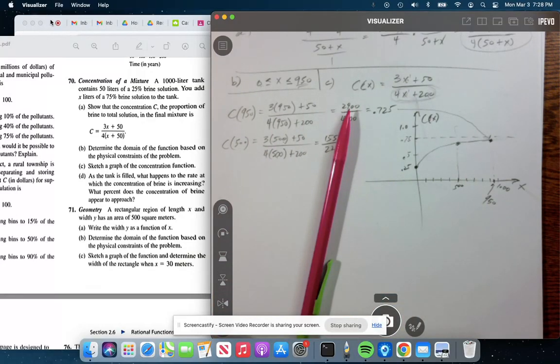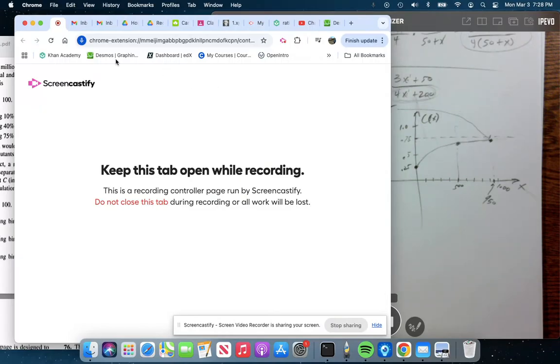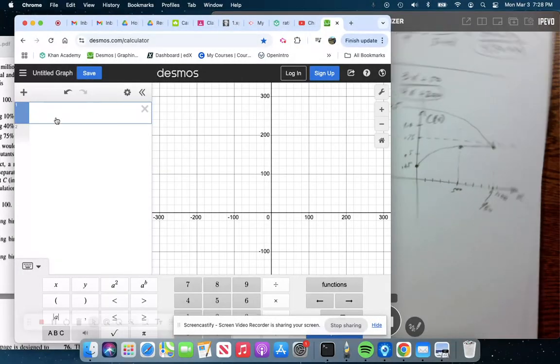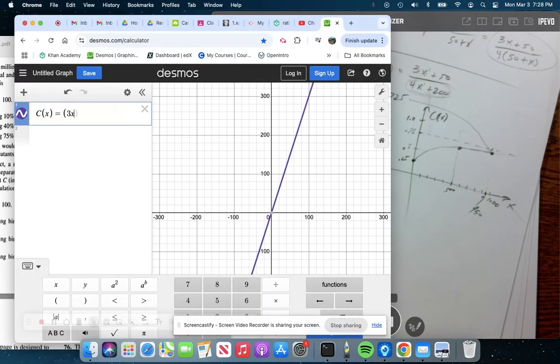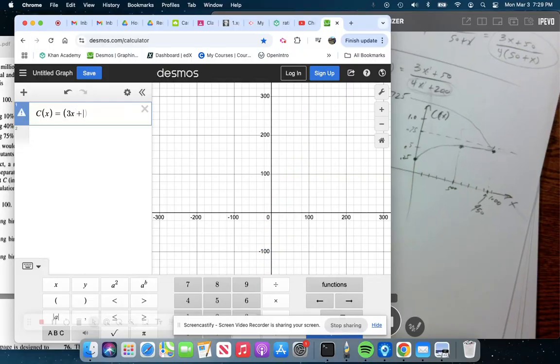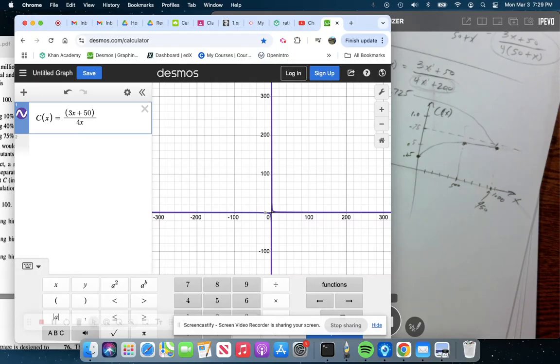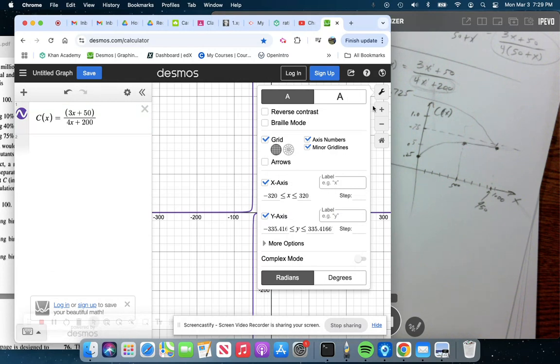Let's see if that's right. C of X equals 3x plus 50 divided by 4x plus 200. So let's change our domain.